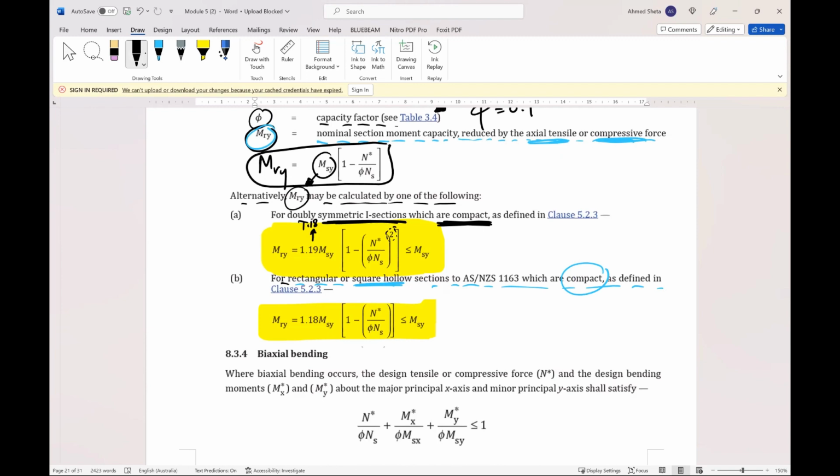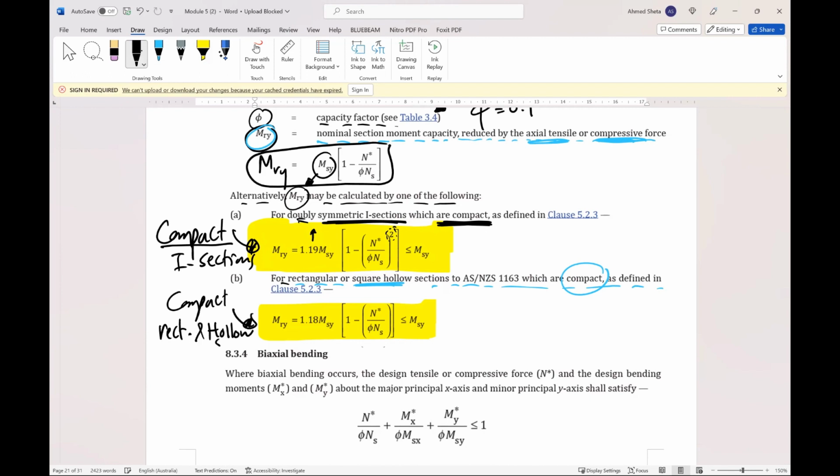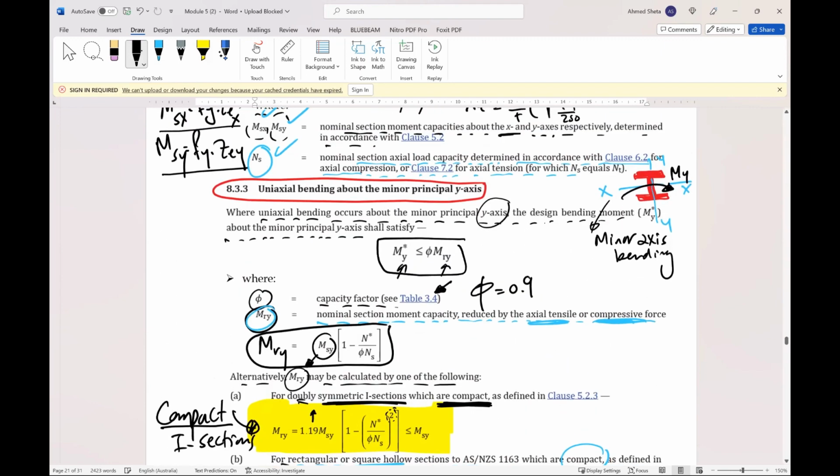So these are the values of MRY for these two special cases: compact I section, and compact rectangular and hollow section. So these are the two cases we have.